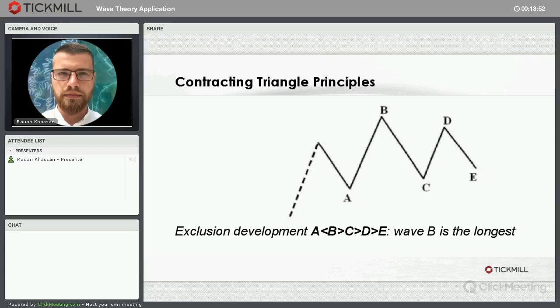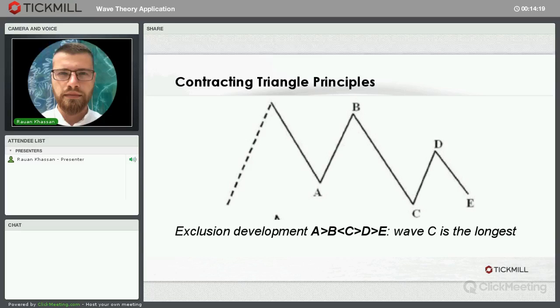So clearly you can see that the uptrending wave B is almost twice as long as wave A. This is not a regular pattern, but still it happens, and if you see it, it's still possible that you're having a symmetrical triangle, but of a different principle.